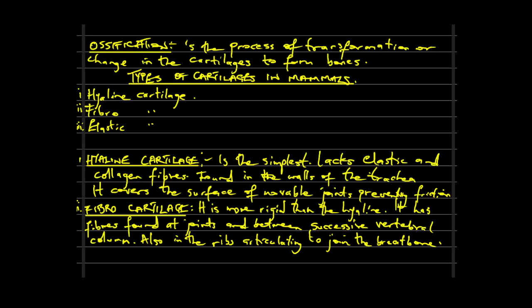And thirdly, we have the third one called the elastic cartilage. Now, for this one, like the name implies, we need to understand that this particular type of cartilage is rich in what?